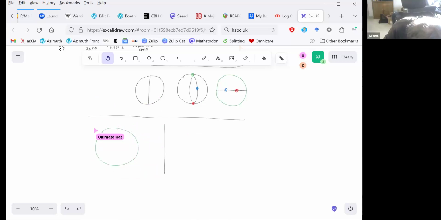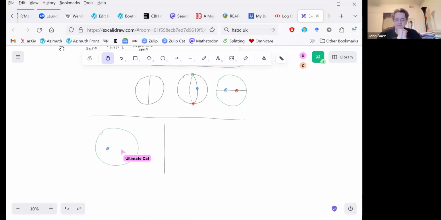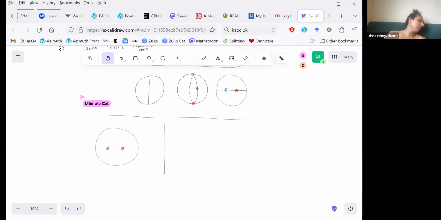So there's the blue. They are elements of PSL2R mod PSL2Z. Say it again, I didn't quite follow. That's a good way to think about it.